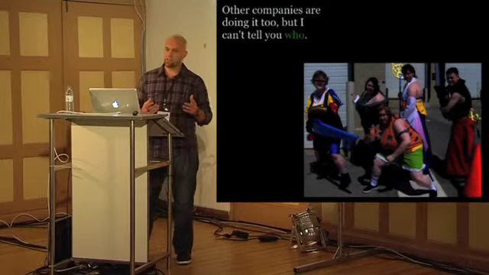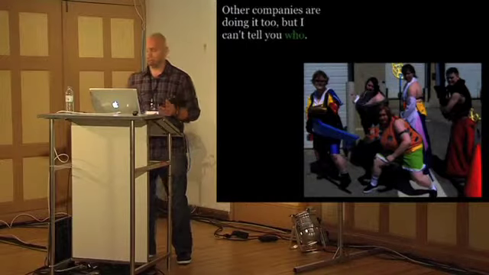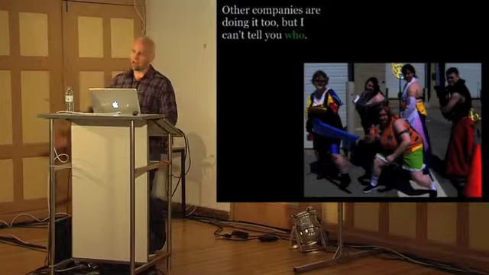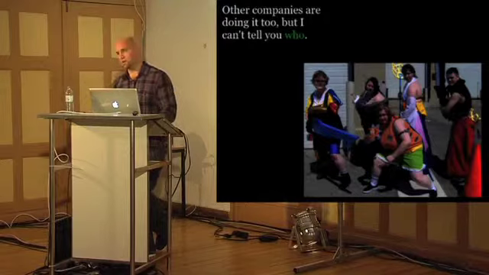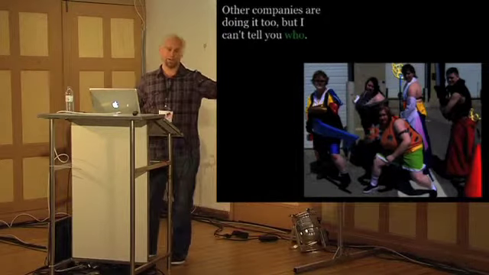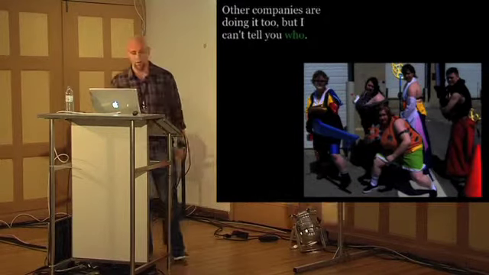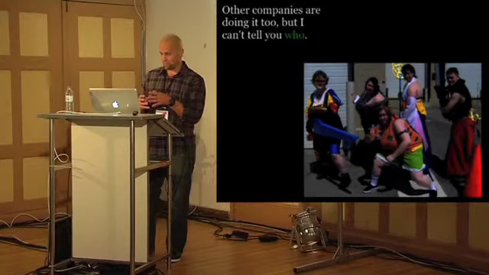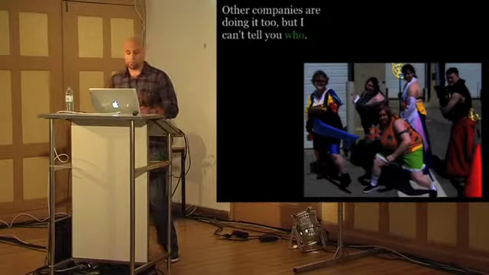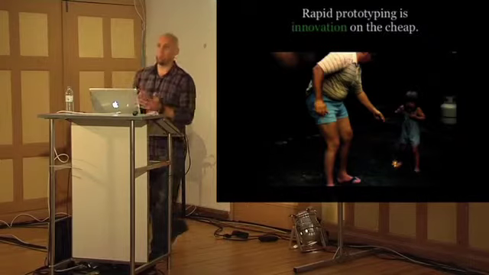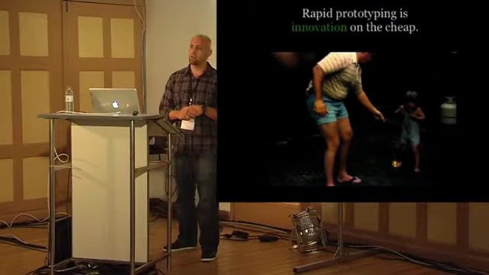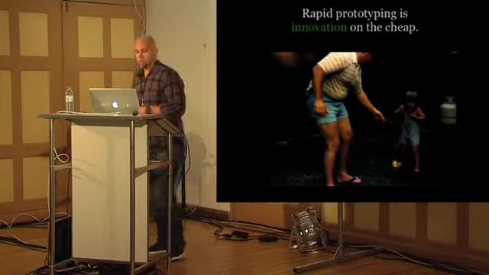So if you have 4, 6, 8 weeks to build something out, you don't have to go and hire a full enterprise level engineering team and a stack of interaction designers and a stack of visual designers. You can actually do it with a fairly small team, fairly quickly. So the key is that rapid prototyping is basically innovating very, very cheaply.